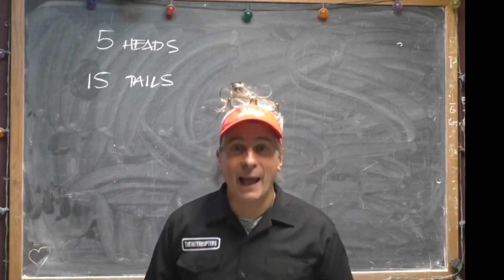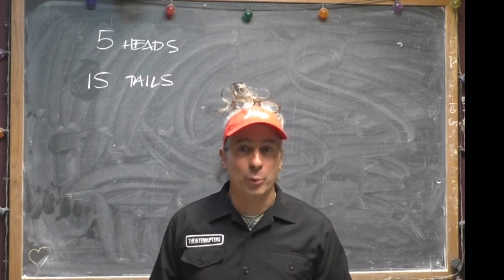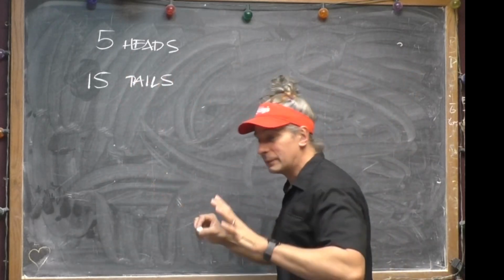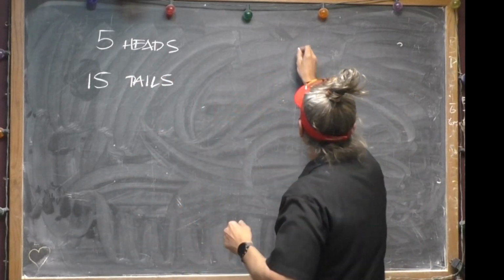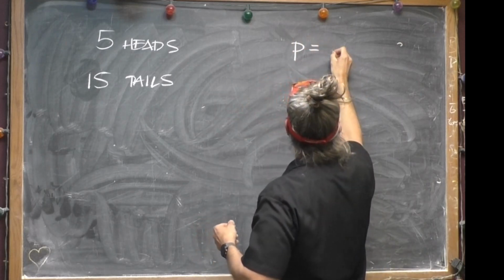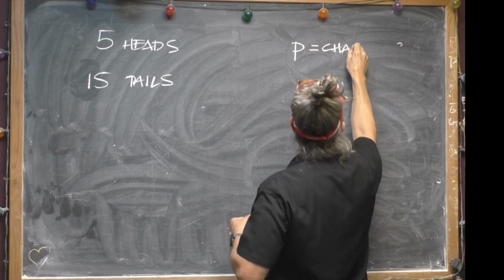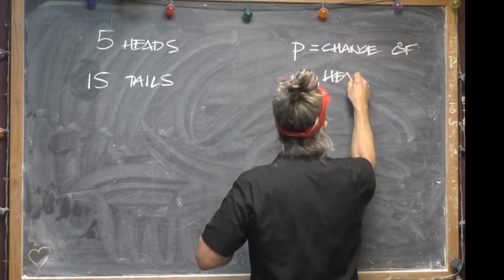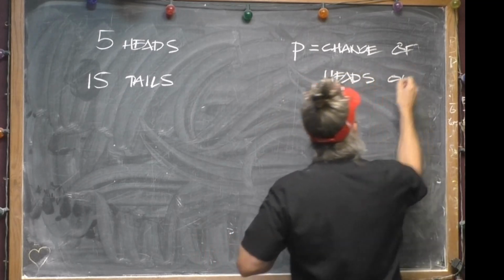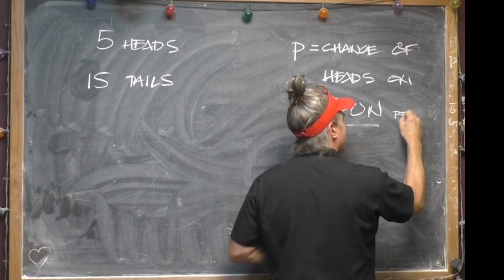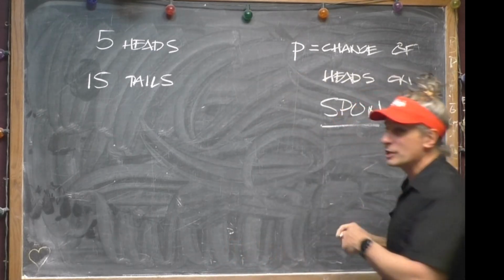Today we're going to start learning how to estimate a population proportion. Here's the thing. We know that somewhere in the universe of physics, there is a proportion that represents the chance of heads on a spun penny. We just don't know what it is.